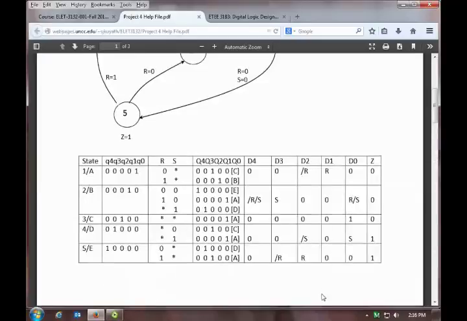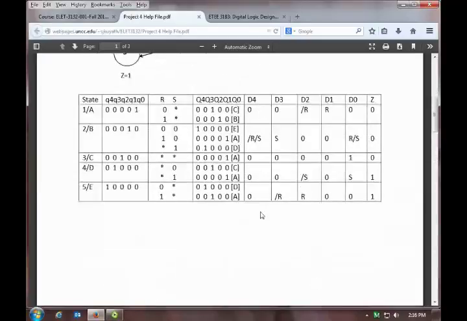But remember, when you go to set up the Karnaugh maps, you go by column. When you're setting up the rest of this, you're going by row. But when you're setting up the Karnaugh maps, you're going by column.